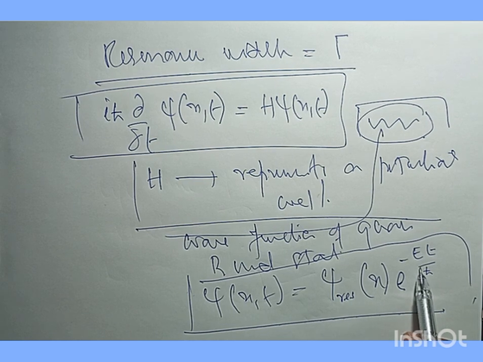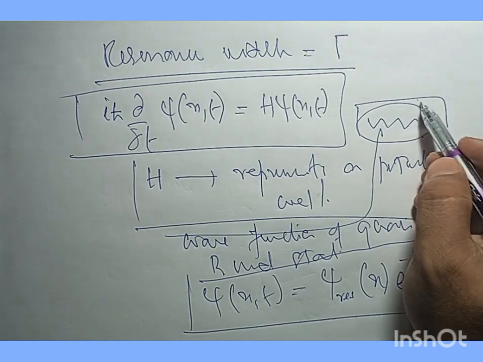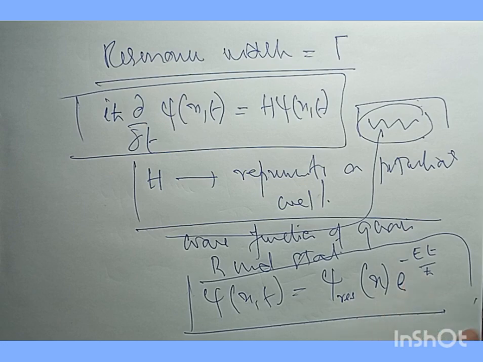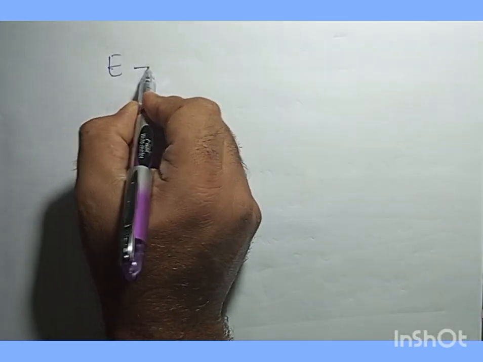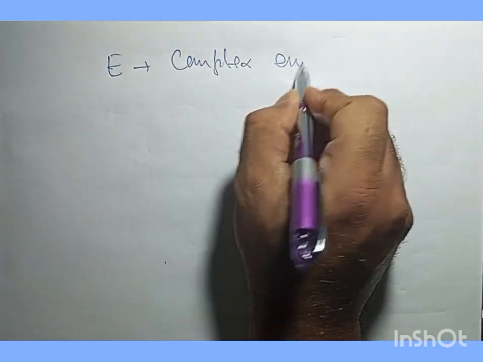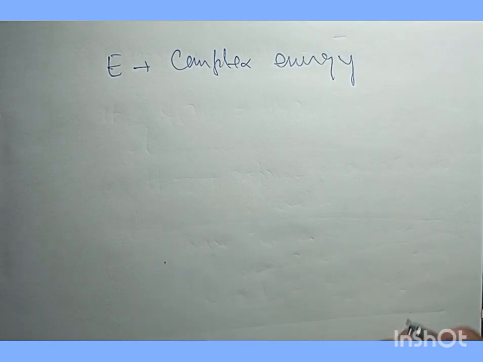Now this E, it's a complex energy. You have a quasi-bound state. You have a wave function trapped in a potential well, and its energy is going to be complex. So this E that's over here is complex energy, the complex energy of this quasi-bound state that I have been talking about.